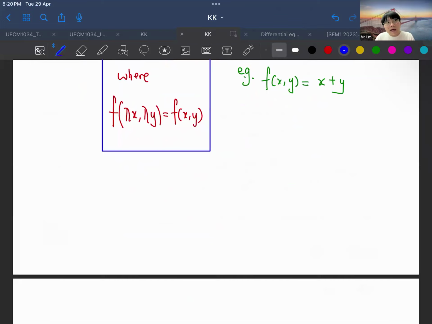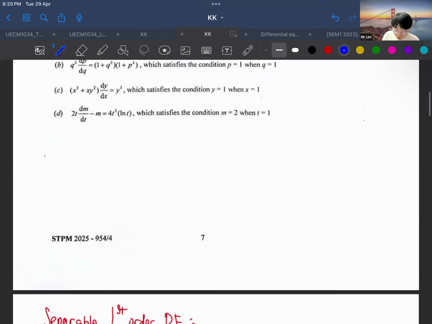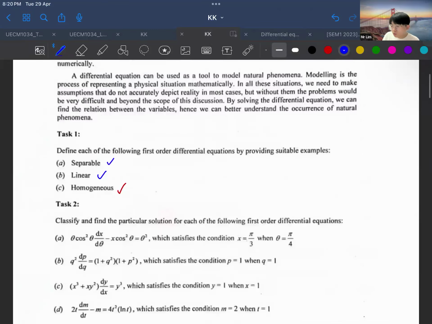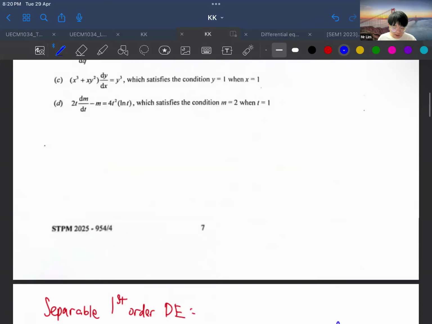For this part, you need to be able to define and also provide a suitable example to say why this differential equation is separable or linear or homogeneous. For separable and linear, I'm not going to give examples. You can find many examples in your reference book. I'm more focusing on something new to you, that is homogeneous. Let's give an example.